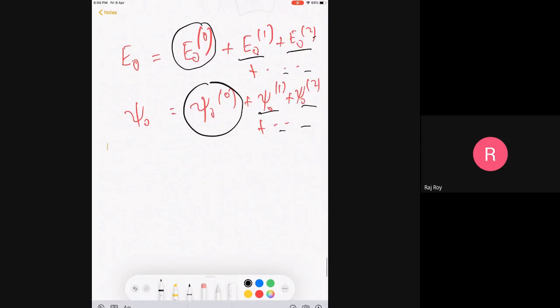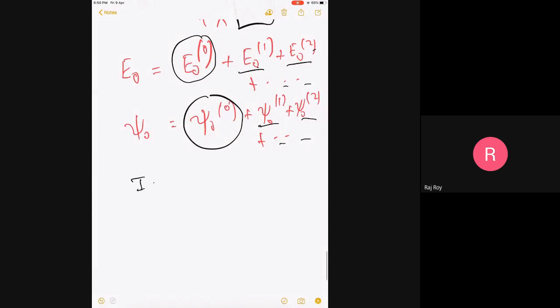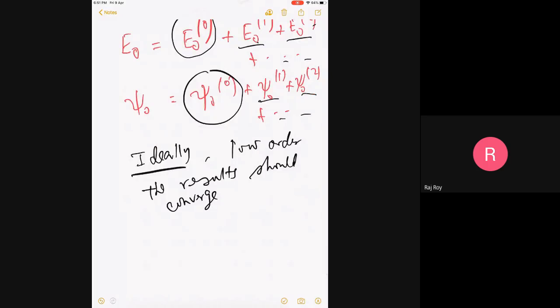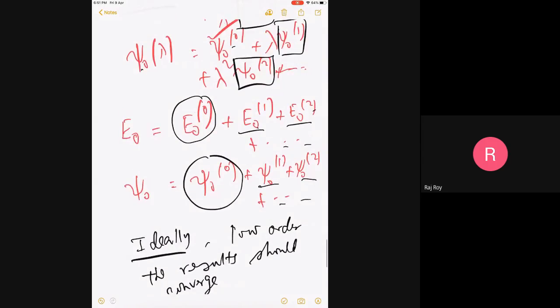So ideally, as you go to higher and higher order, the results should become smaller and smaller. It's an ideal situation.